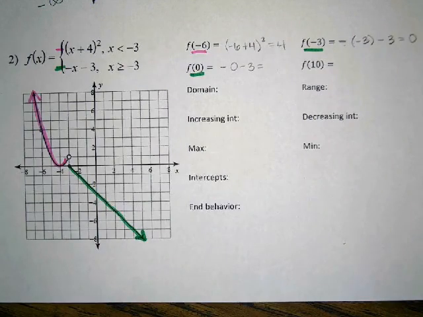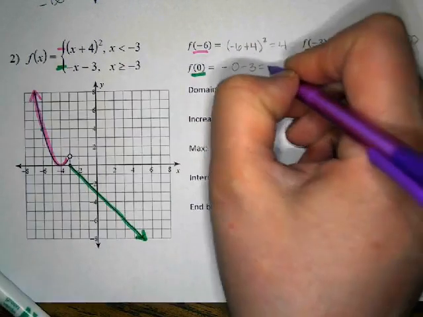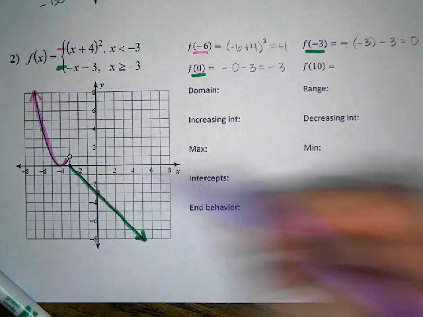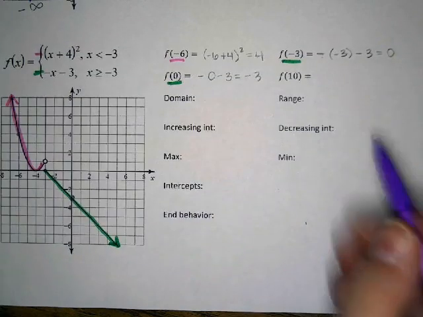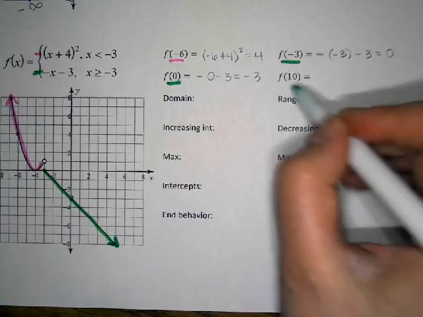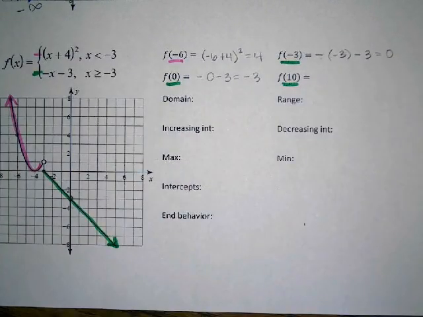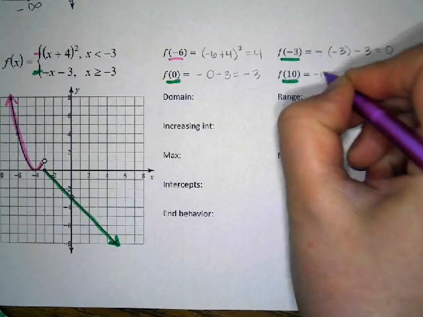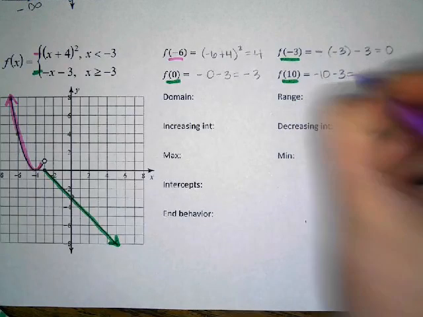And you can see that 0 has an output of -3 there. Okay. And then which one do you plug 10 into? The second one. Okay. So we have the opposite sign of 10 minus 3. -13. Okay.